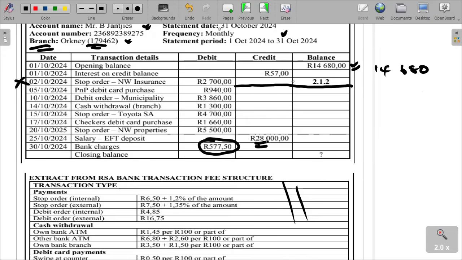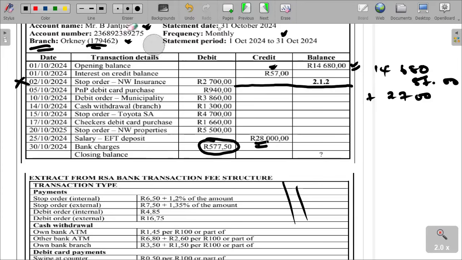And then we must add the interest, which is interest on credit balance, the 57 rand is given there. And then we must also add, it is saying plus stop order insurance, plus 2,700, because on the 2nd of October, we have got also that plus 2,700.